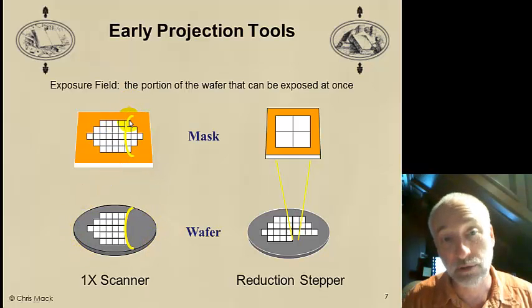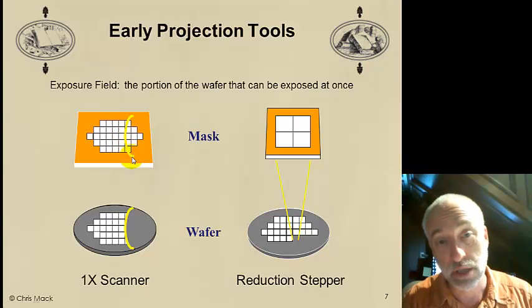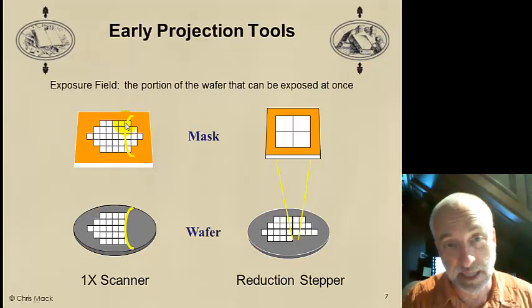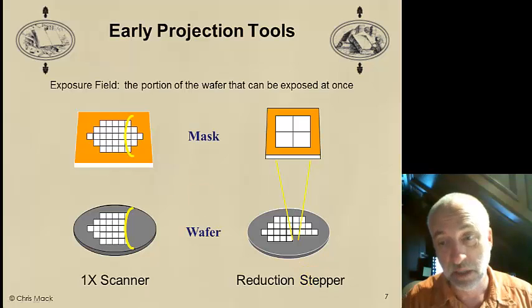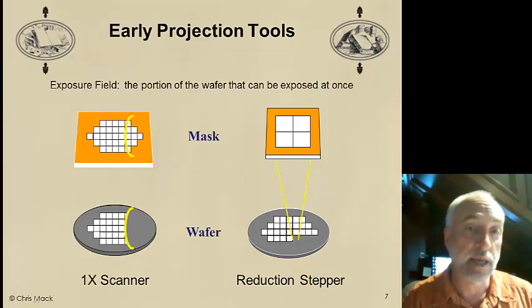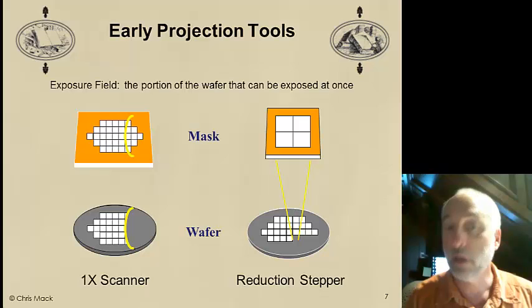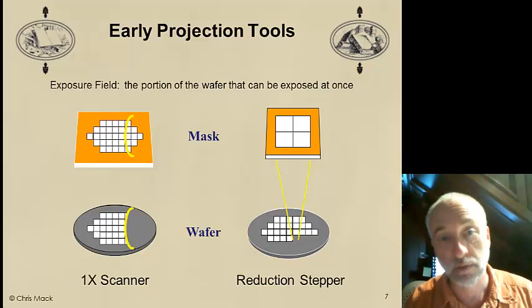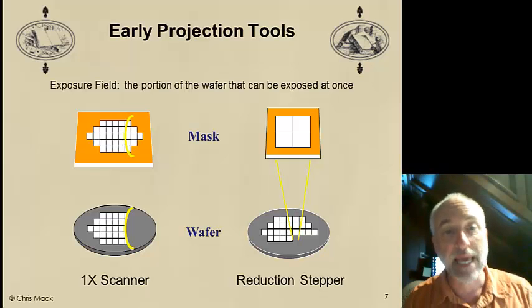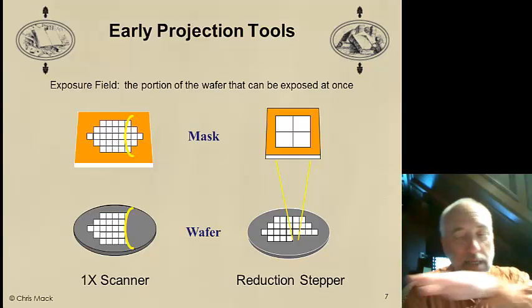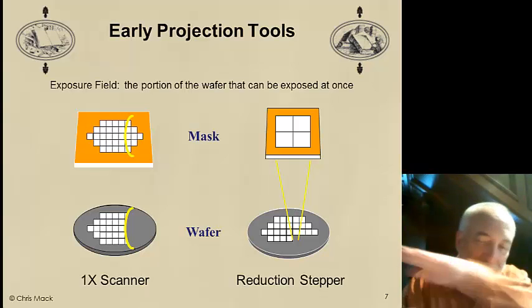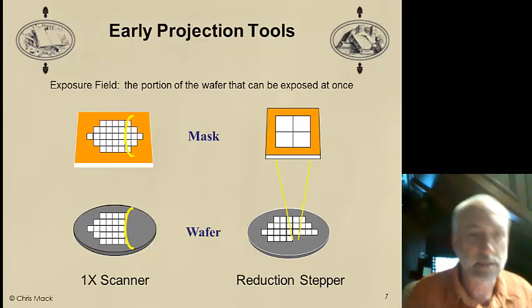Then my exposure field is an arc-shaped slit. It's maybe 10 millimeters wide, and the full width of the wafer across along the slit. And then I scan the mask and the wafer simultaneously past the slit.